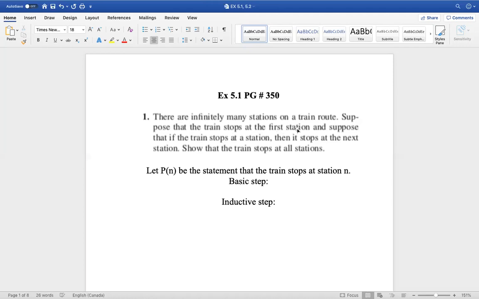Suppose the train stops at the first station, so we know that P(1) is true because we are told that it stops at the first station. According to this assumption, P(1) means that the train stops at the first station. So this is the basic step.